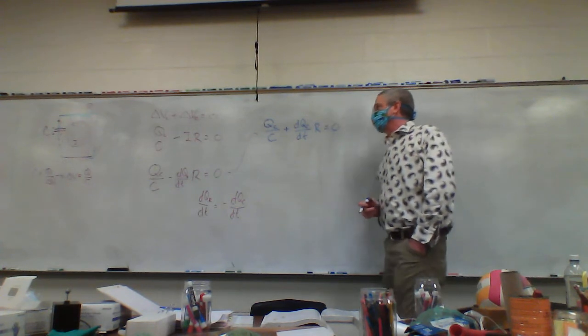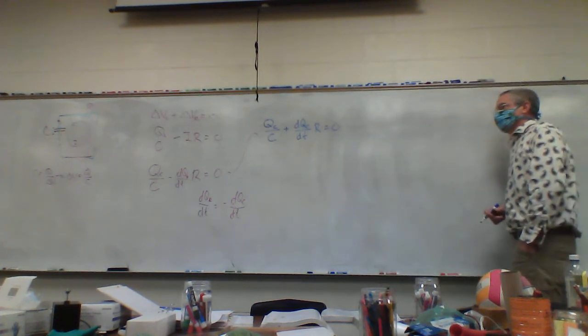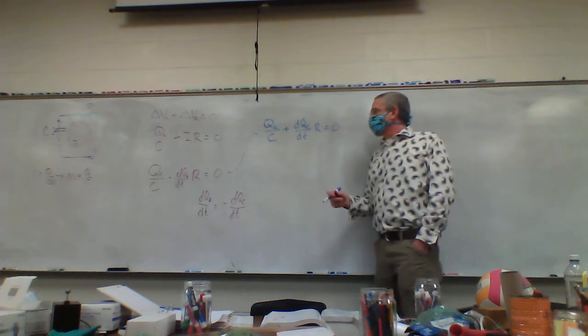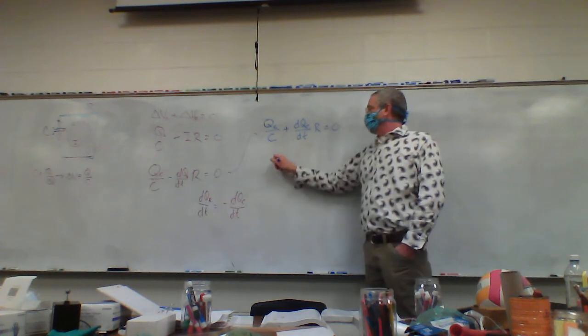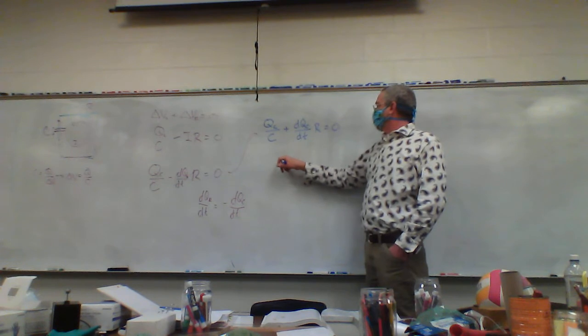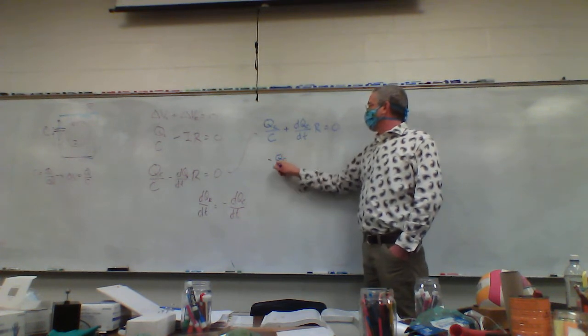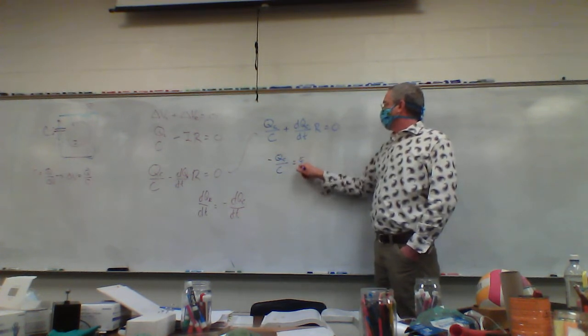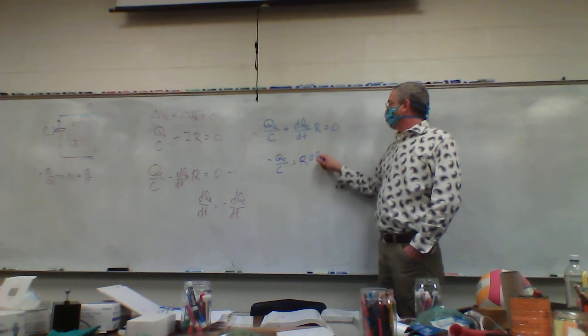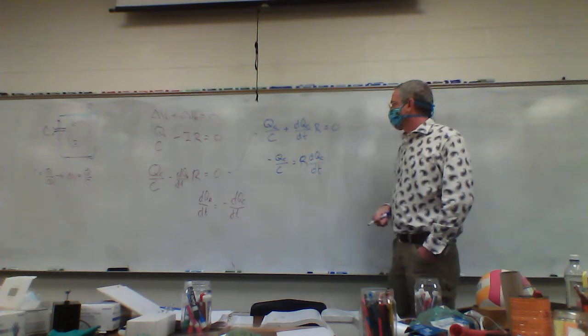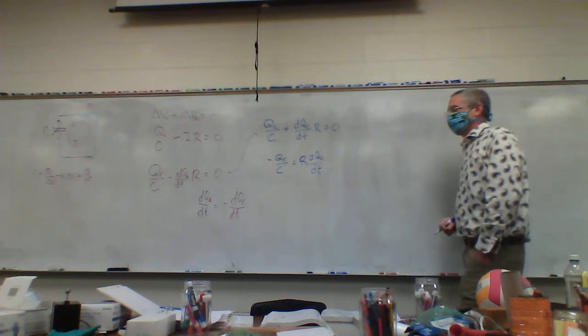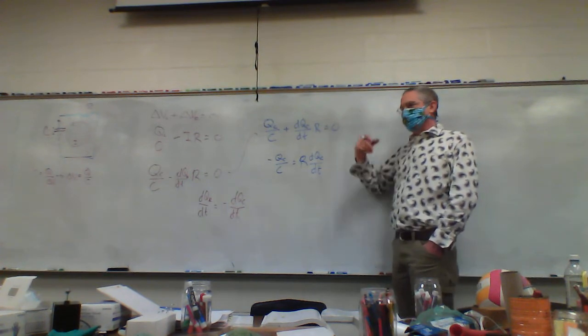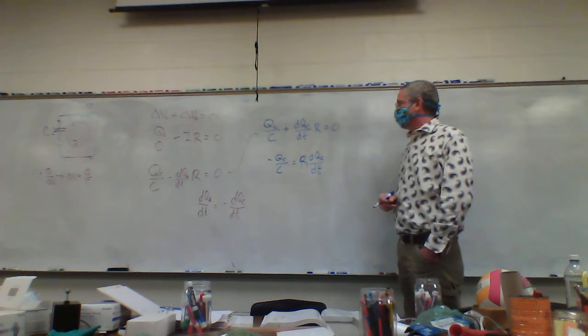I have a first order differential equation. Separate them. So let's do negative Qc over C equals R dQc/dt. Just basically brought Qc over to the other side and flipped the order in which I'm writing the equation.